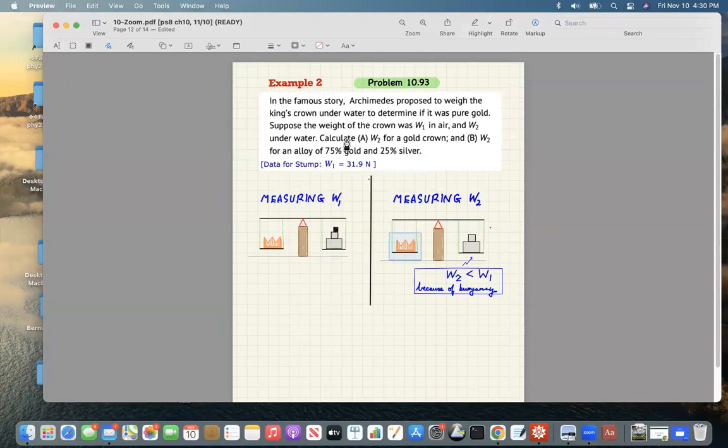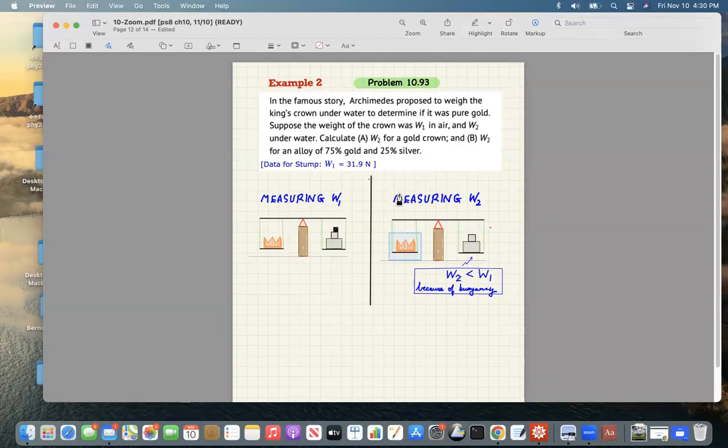And it says, suppose the crown is pure gold. That's part A. Or part B, suppose the crown is 75% gold and 25% silver.